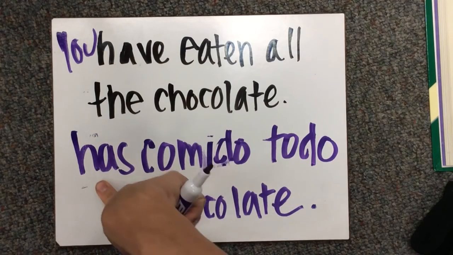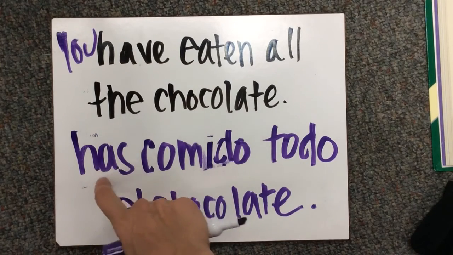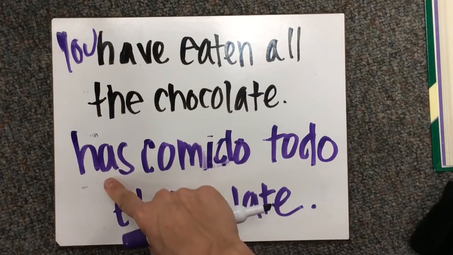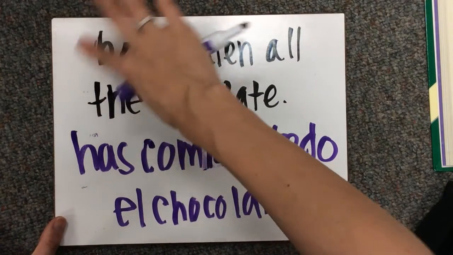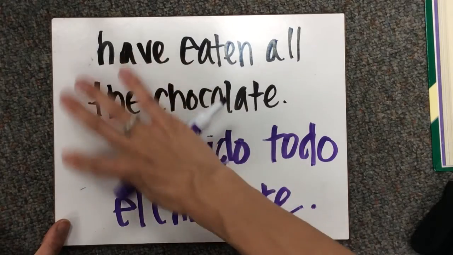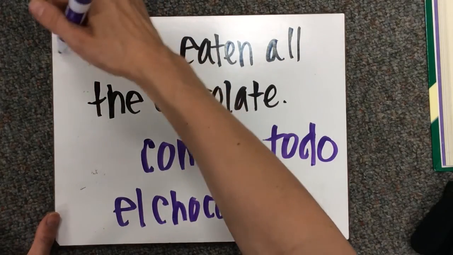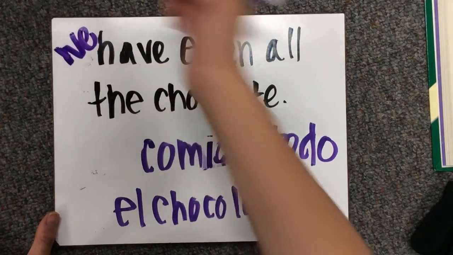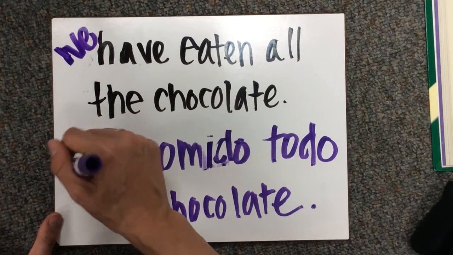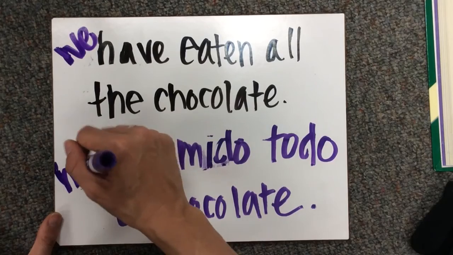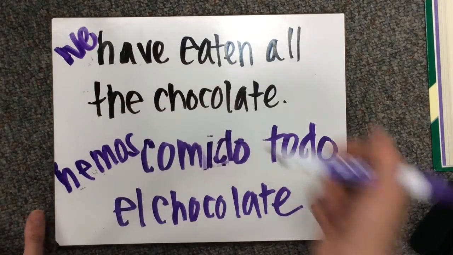So I'm just going to change the conjugation of my first verb to change the subject of the sentence. So if we have eaten all the chocolate, we just change our subject in the English one, and then you change the conjugation of haber: hemos comido todo el chocolate.